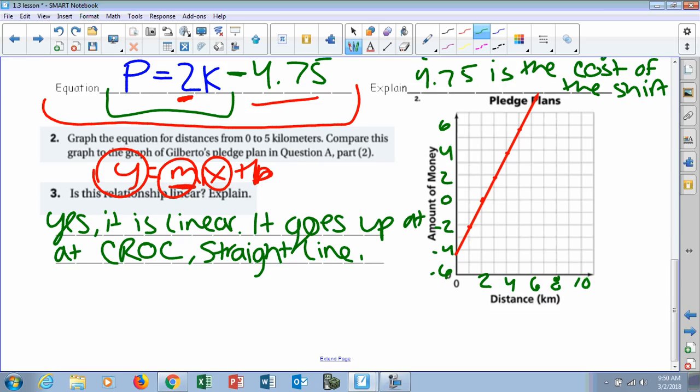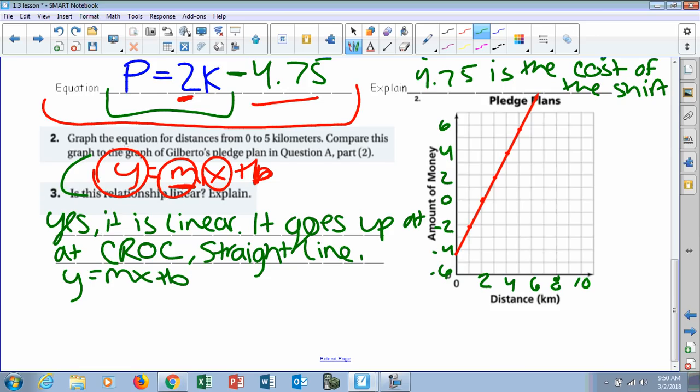When we have an equation that has a linear relationship, what type of equation are we expecting? What equation are we expecting, Blake? Y equals mx plus b.